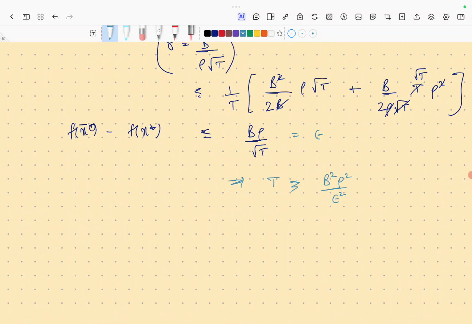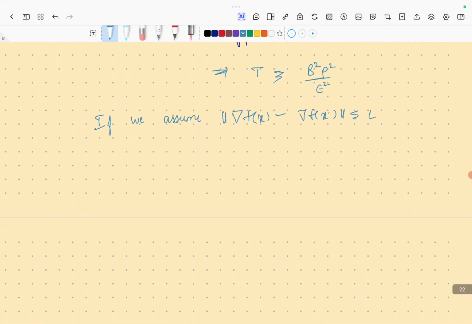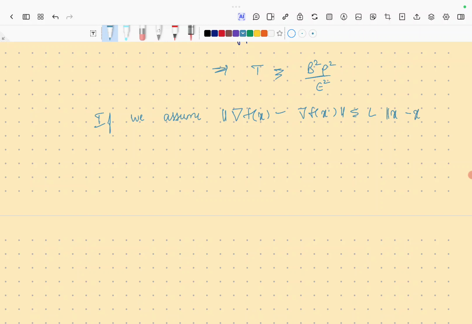If we assume that the norm of gradient f of x minus gradient f of x prime is less than or equal to L times norm x minus x prime, then you can in fact show that t equal to some constant times L b square by epsilon time steps are enough.